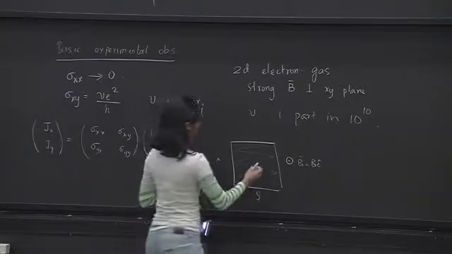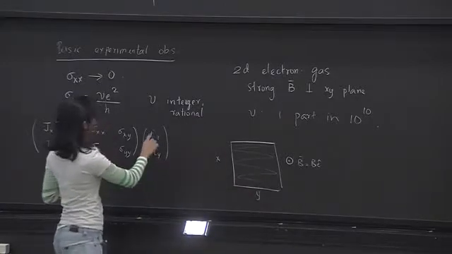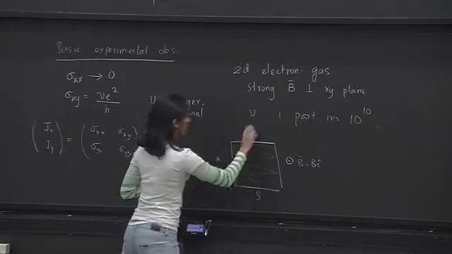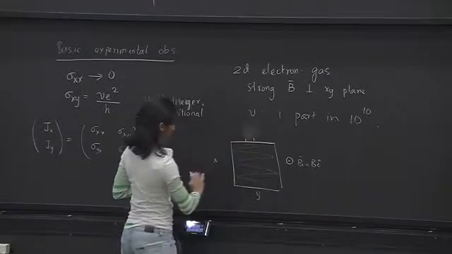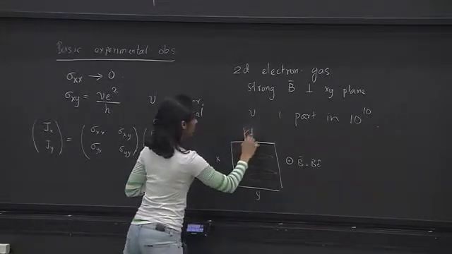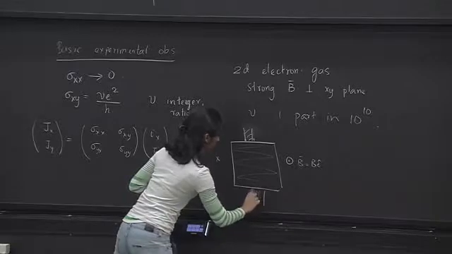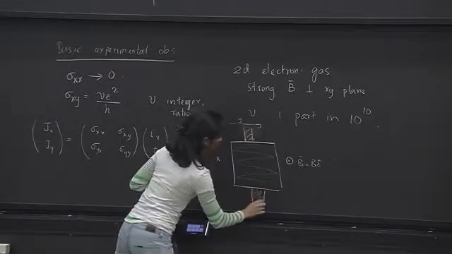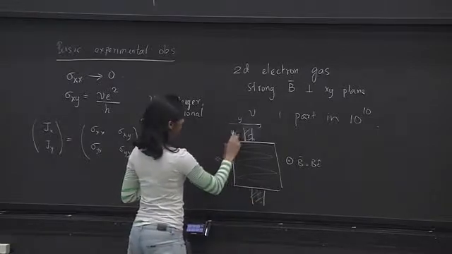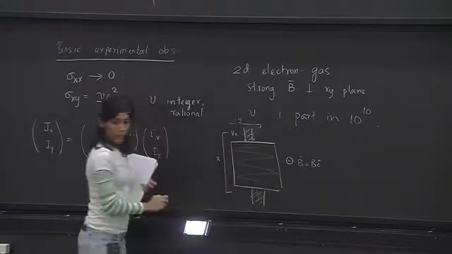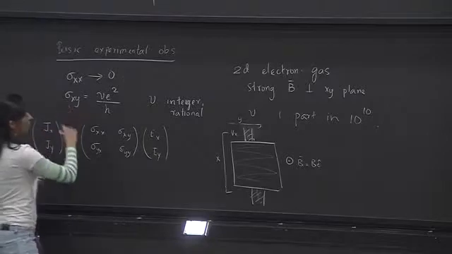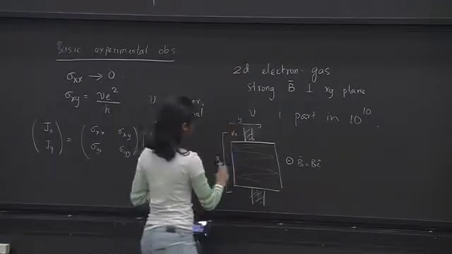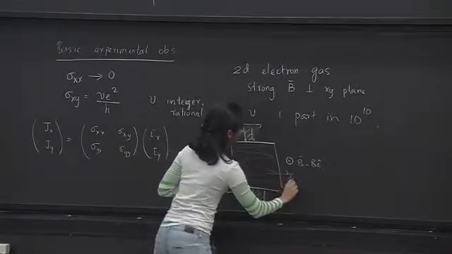Then the measurement that's done is that, so this is the x direction. Okay. In the x direction, one applies a voltage, and one then measures the current along the x direction and the y direction.